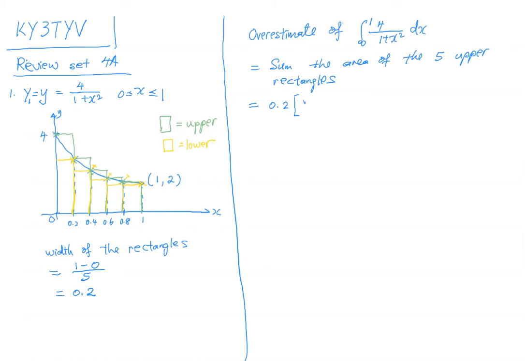So the examiner will understand what you are writing here. Am I right? If I put 0.3, am I right? No, wrong. Should be 0.4 because of the width.